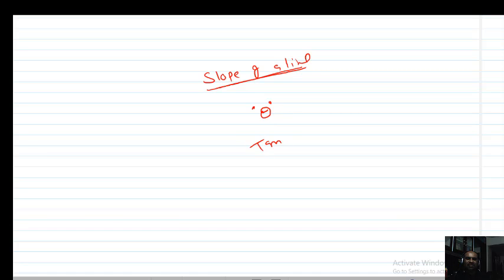So tan theta is called the slope. For example, if theta is the inclination of the line L, then tan theta is called the slope of the line L and is denoted by the letter m. For example, the inclination of the line is 60 degrees. Then what is the slope of the line? I can say tan 60 degrees. Tan 60 means root 3. Root 3 is its slope. Okay. Understood? Yes, this is the definition of the slope of a line.